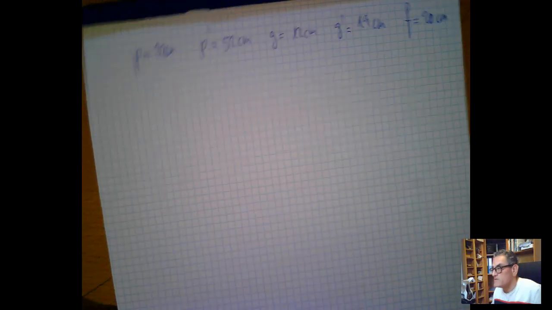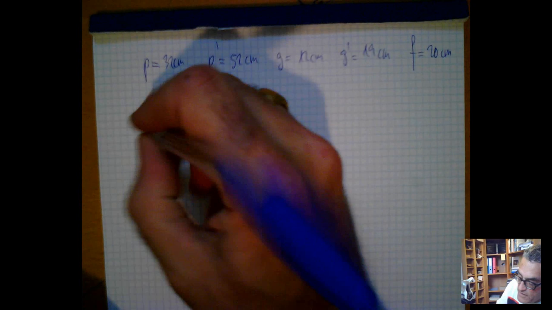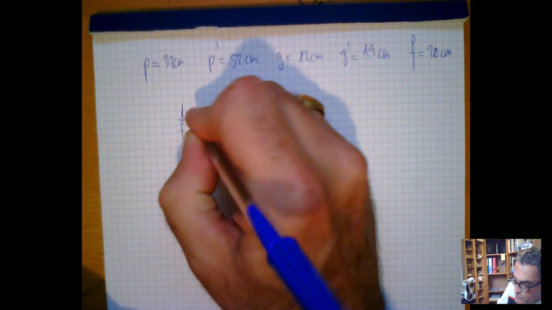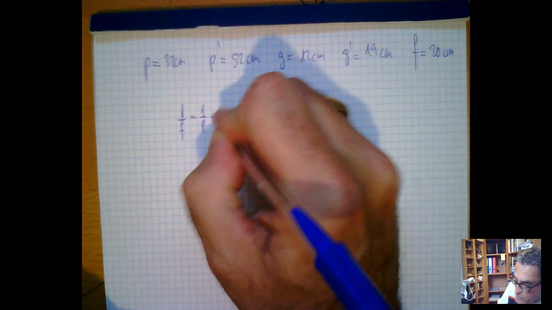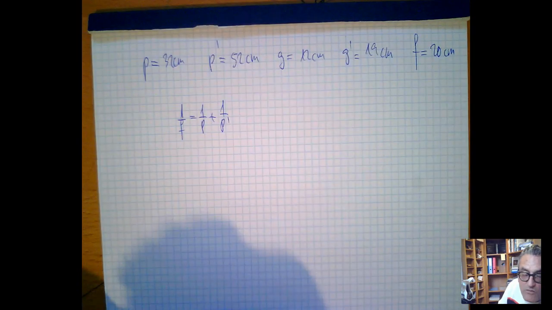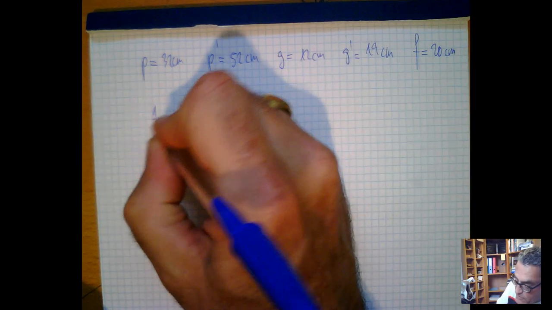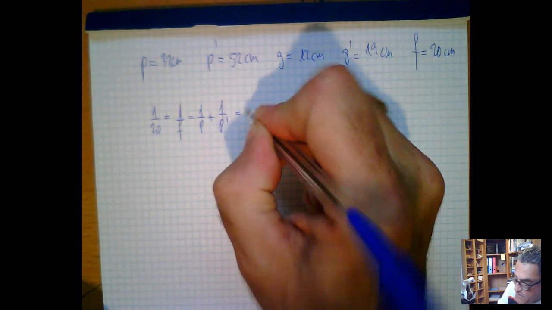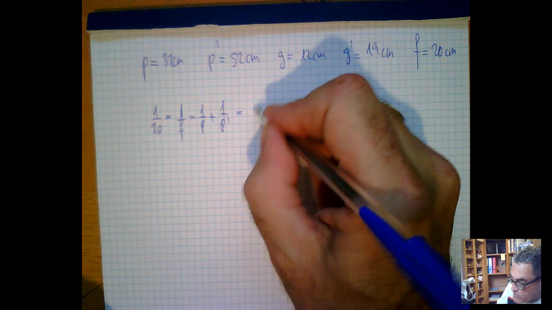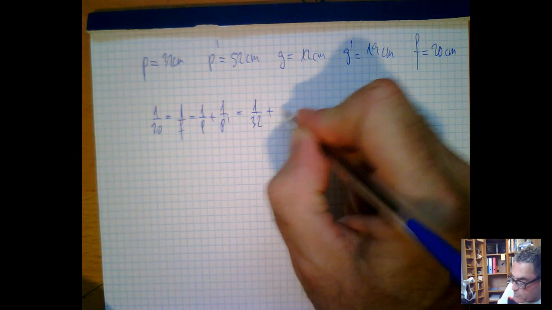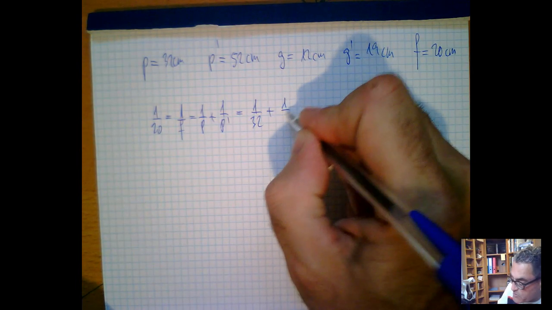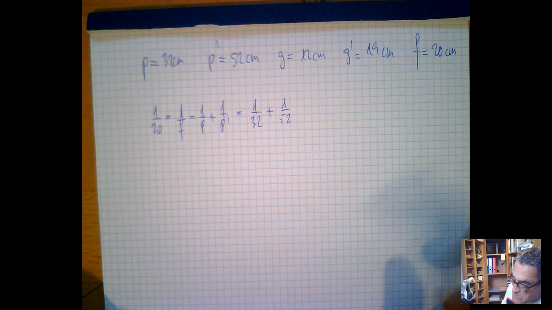Now let's check the laws of lenses. We don't need the drawing any longer. We have 1 over f is equal to 1 over p plus 1 over p prime. So 1 over f is 1 over 20, and on the other side we have 1 over 32 plus 1 over 52.